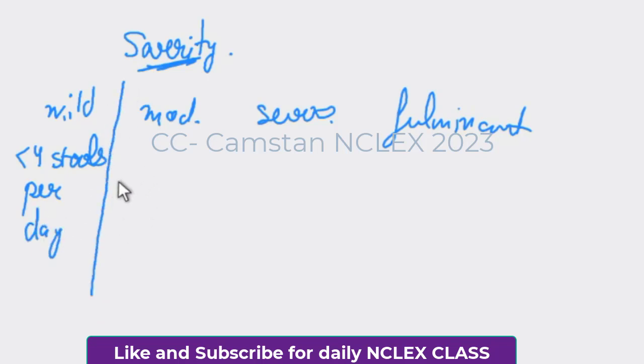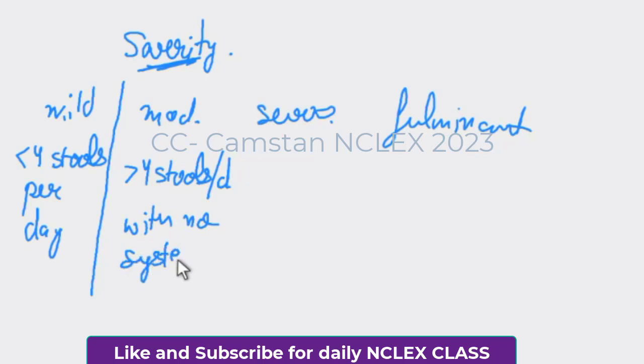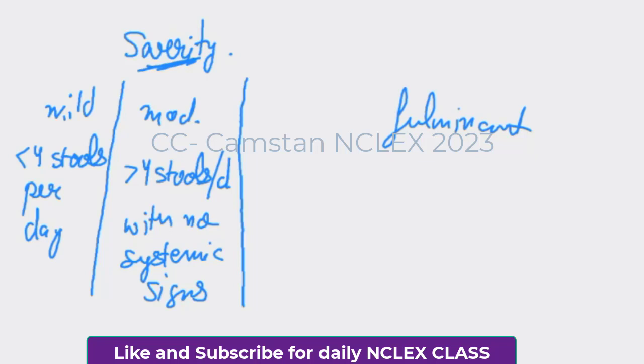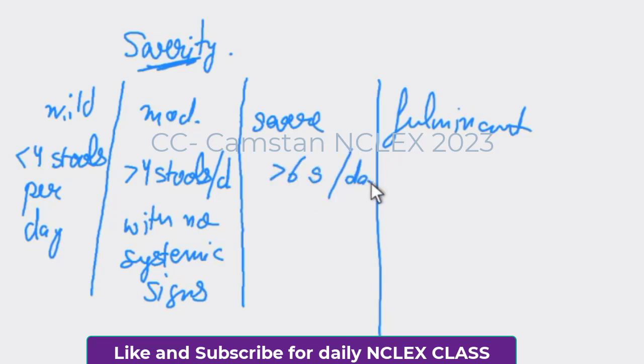In moderate, more than 4 stools per day with no systemic signs. That means the client presents with more than 4 stools per day, but there is absence of systemic signs. And in case of severe, we have more than 6 stools per day with systemic signs.